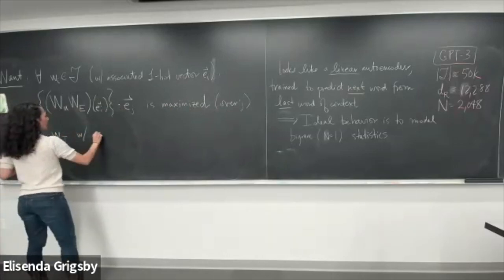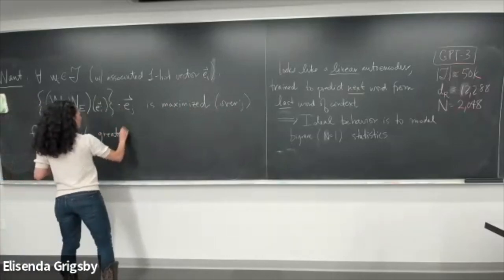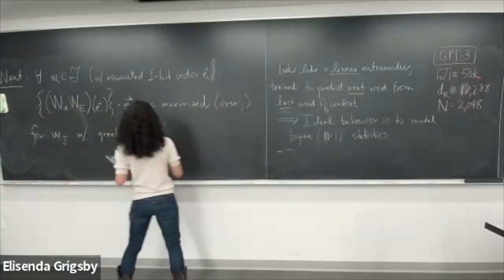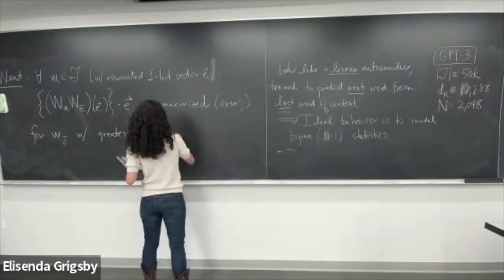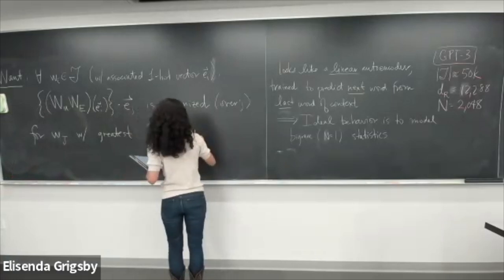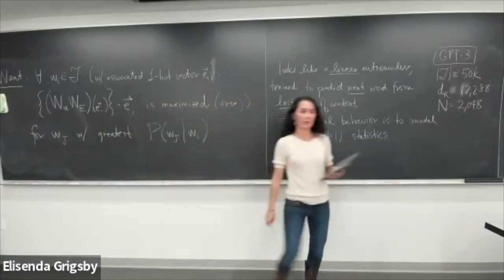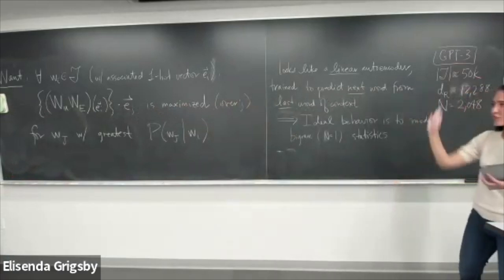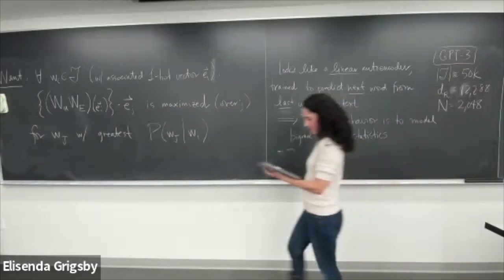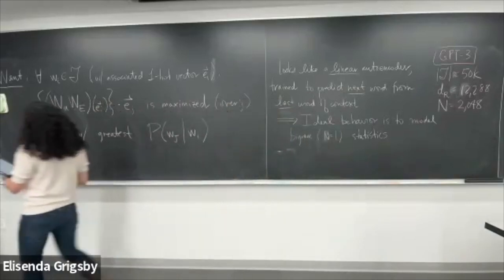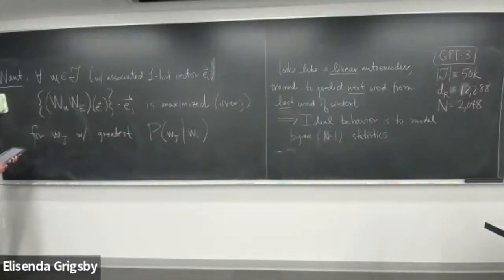So Wj has the greatest probability, probability of Wj given Wi. And in fact, you kind of want them to be ordered.